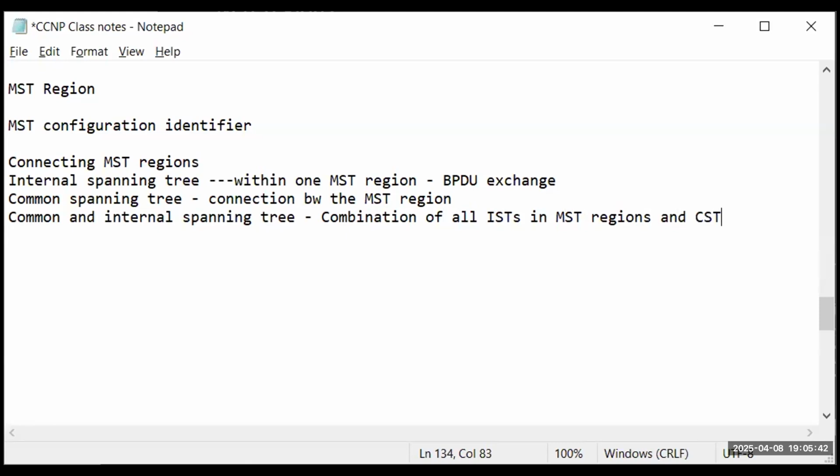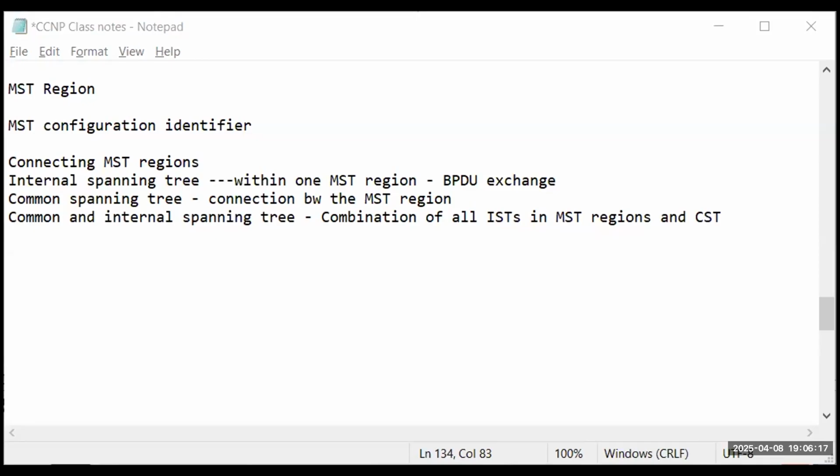CST is where we have seen the boundary ports. There will be only one CST. With ISTs, we can create multiple MST regions. Here we have two regions, a root and a non-root region, with boundary ports in between.